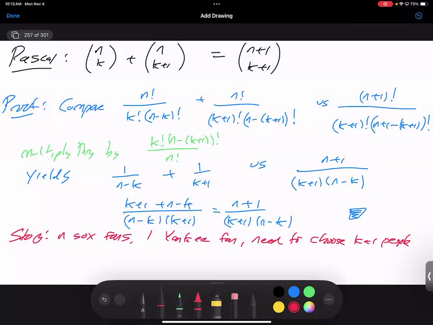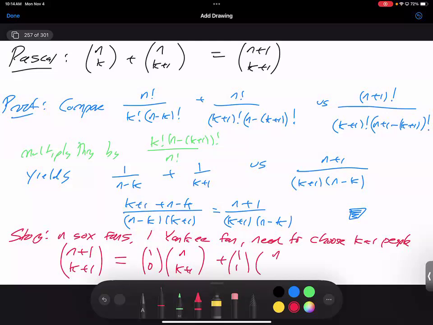If I just consider Yankee and Red Sox fans just as people, which I'm willing to do for the sake of mathematical exposition, we have n plus 1 people, and I need to choose k plus 1. Then I can split this on two possibilities. Either I'm in the good case where I have no Yankee fan chosen. That's 1 choose 0, and then I need k plus 1 Sox fans. Or I chose the Yankee fan, and now I only need k Sox fans. And so this would be the proof by story.